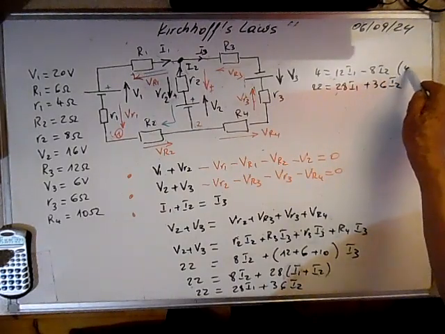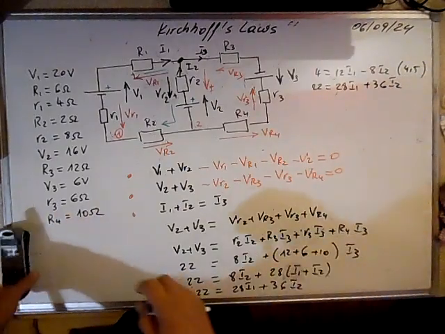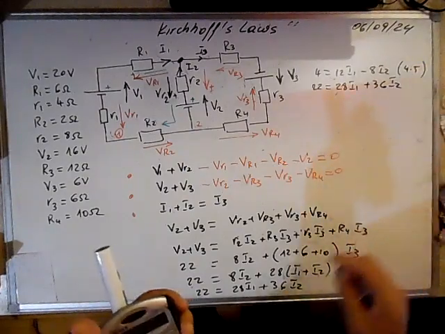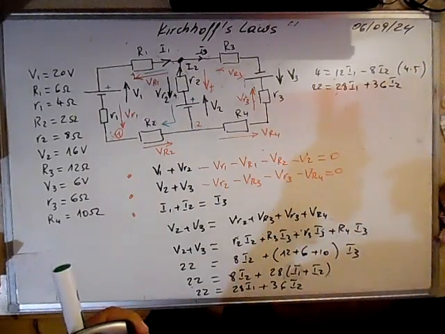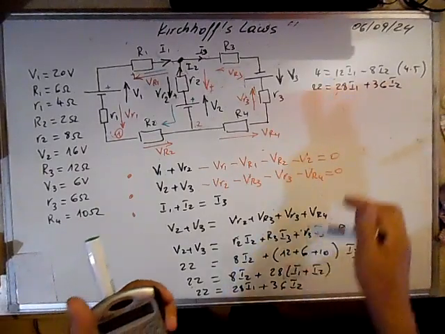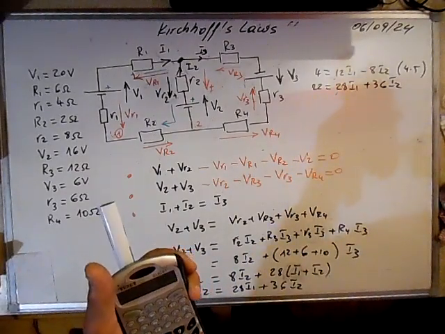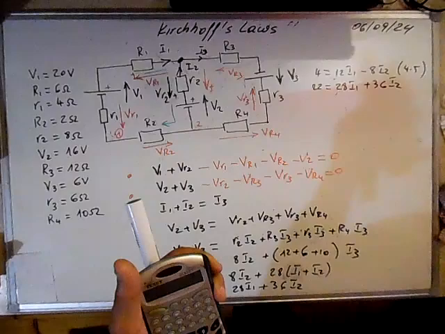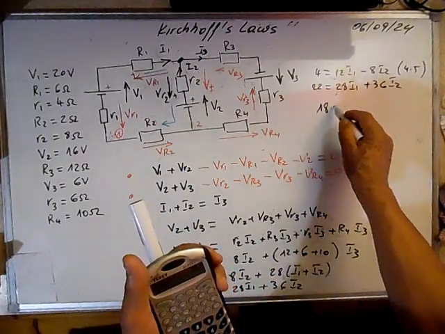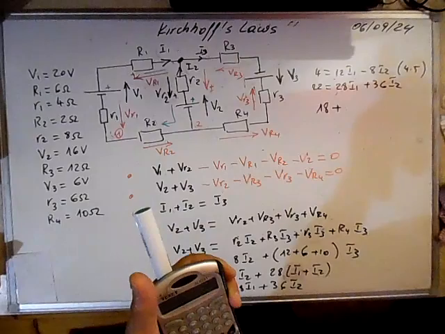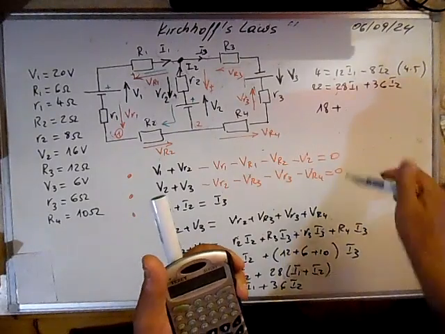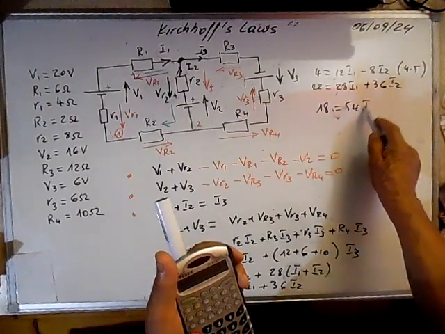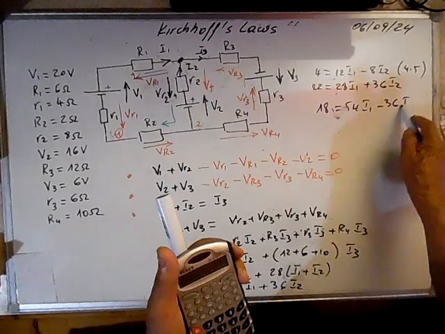If you multiply the first equation by 4.5, since 36 divided by 8 is 4.5, we'll have 4.5 times 4 is 18, first equation, plus 12 times 4.5, 54 I1 minus 36 I2.